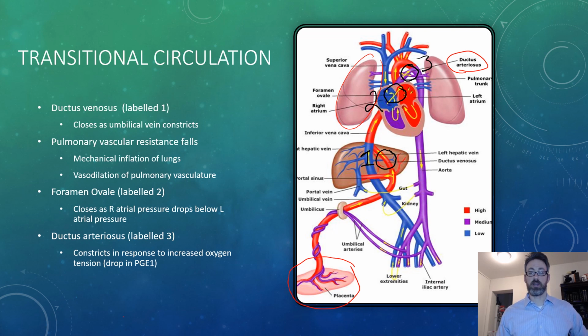That increases flow to the lungs and drastically reduces the resistance, because everything is vasodilated. So now, when the right ventricle ejects blood, most of it is not going into the ductus arteriosus anymore. It's going towards the low resistance lungs. So we have a significant increase in flow going through the lungs.